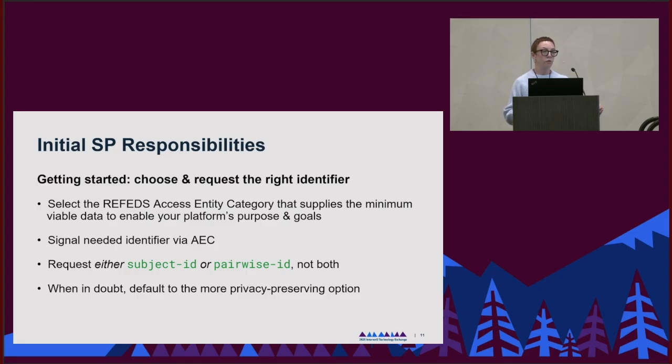You cannot request multiple access entity categories, and by proxy, you cannot request both a subject ID and a pairwise ID for a single RP implementation. And when in doubt, we would encourage you to err on the side of privacy preservation. If you only need a pairwise ID at this time to fulfill your product or service's stated goals, but those goals and your product evolve in the future, you can always level up and begin requesting something less privacy preserving.